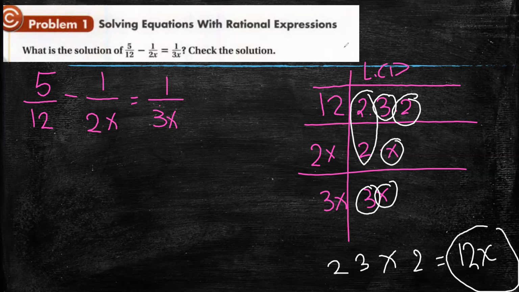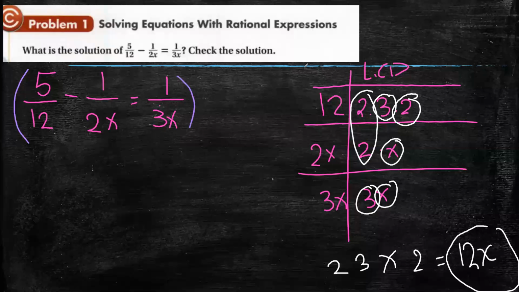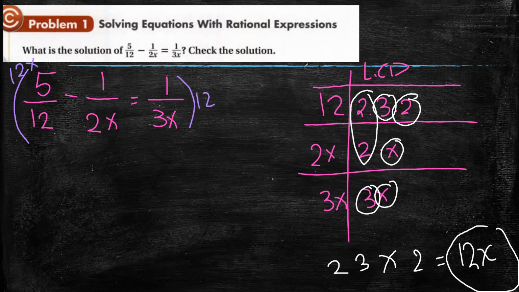In the second step, you bring this 12x and multiply it by each term: the first term, the second term, and the last term. Let's do it.